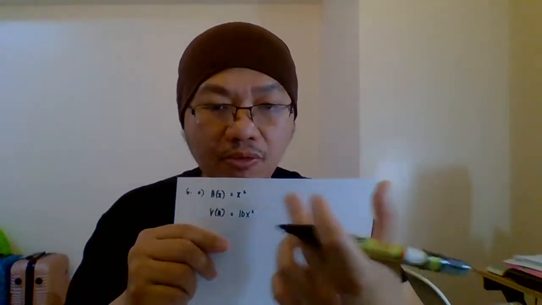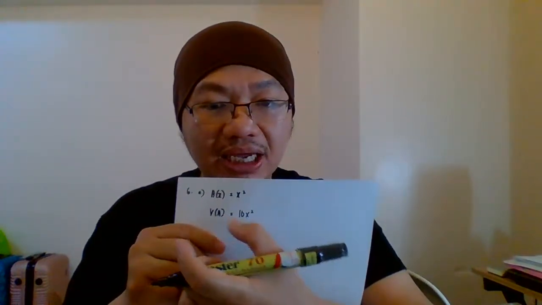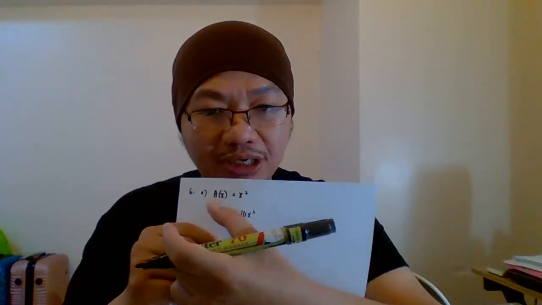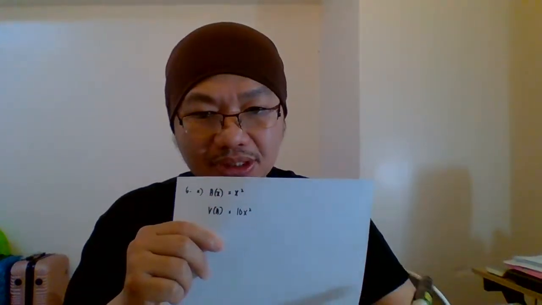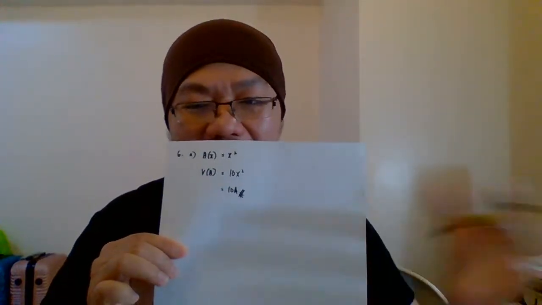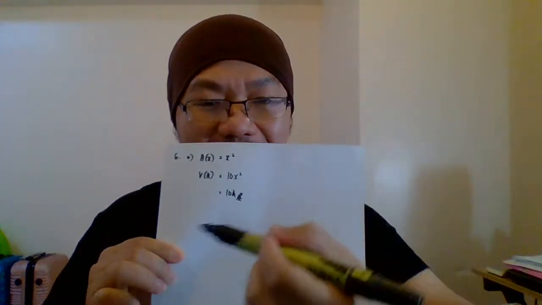But now we are not talking in terms of x. We are talking in terms of A. Now look at here. x squared actually equals what? A(x), equals A in terms of x. So that means x squared we can replace with A. So the volume is 10A. Ta-da! Please double check jawapan betul ke tidak.